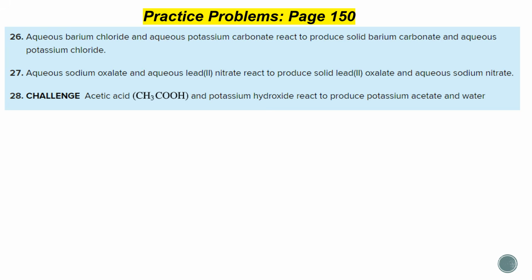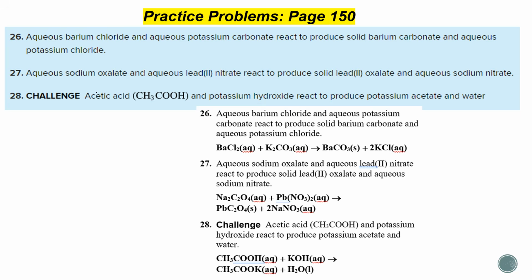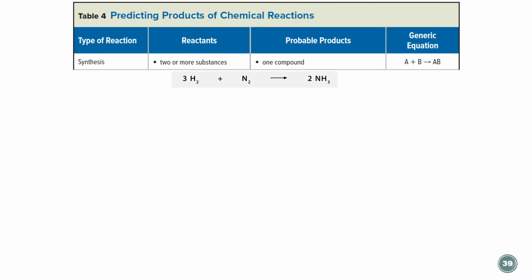Now you have other problems here, which you can try to solve on your own, and you will find the solutions here for 26, 27, and 28. And that's the end of the lesson, guys. So we can now summarize what we have been talking about. We talked about synthesis reactions, where we have 2 or more reactants and one product, this is the general formula and this is an example.